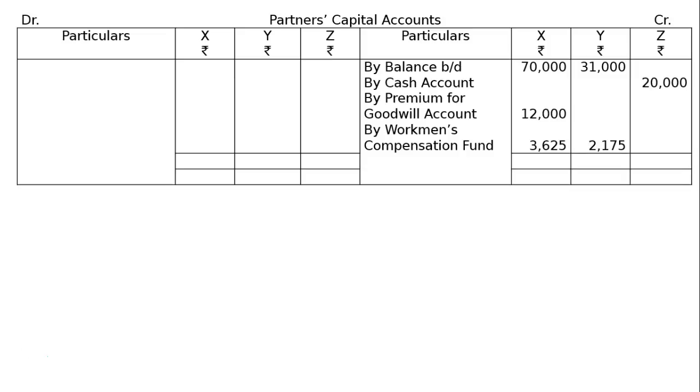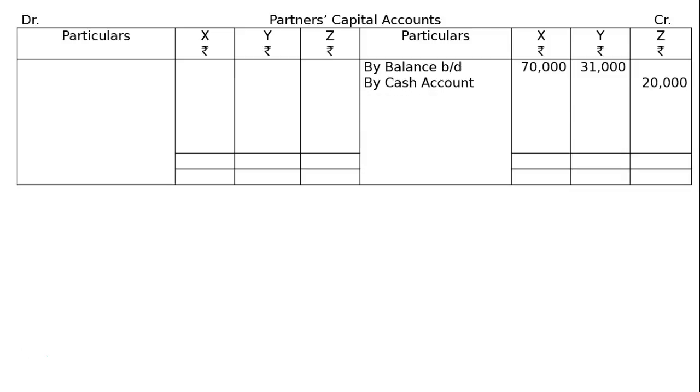Then by cash account, Z has to bring in 20,000 as his capital and 12,000 as premium for goodwill. By cash account, 20,000 for capital, fine. Cash account debited to Z's capital account.